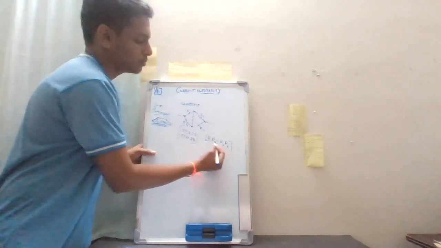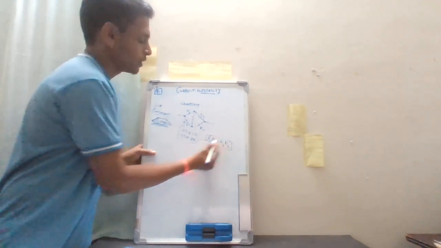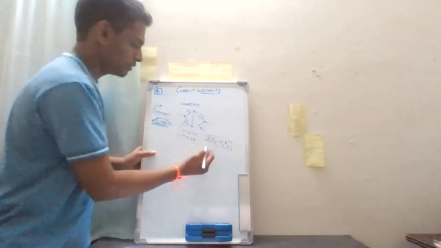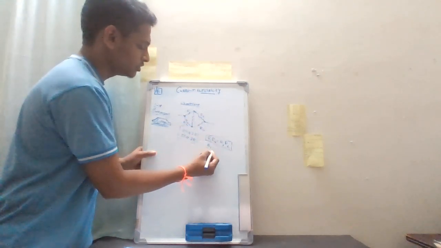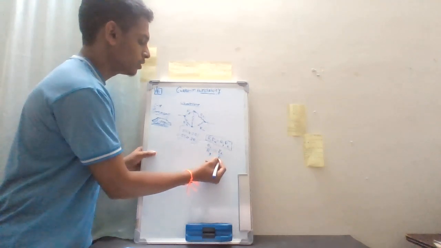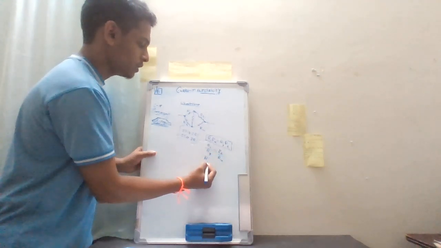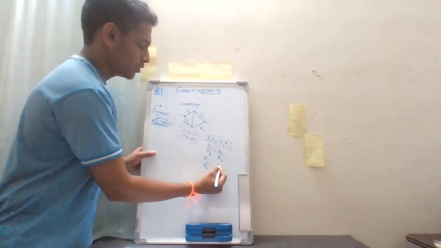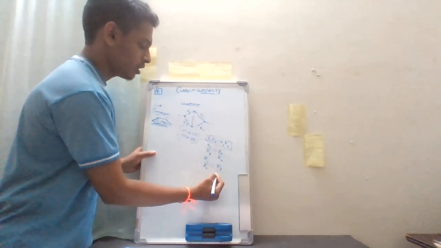Or we can say division should also give the same result: R1 by R3 equals R2 by R4, or R1 by R2 equals R3 by R4.